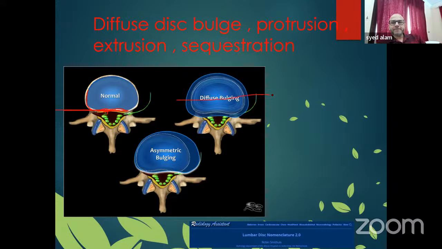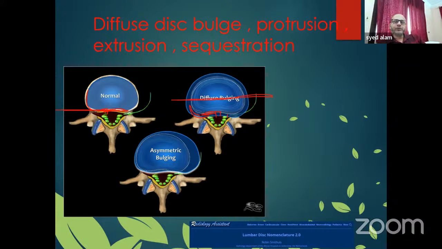Here, this is the vertebral body margin and the disc has crossed all around. If the thickness is more than 2 millimeters and it extends more than 180 degrees, it is called a diffuse disc bulge.